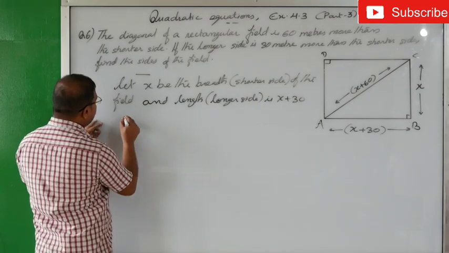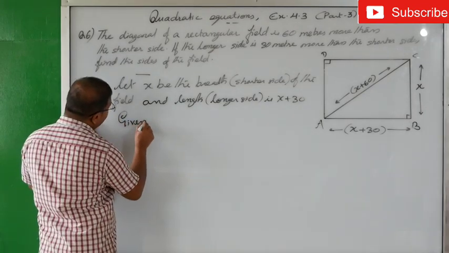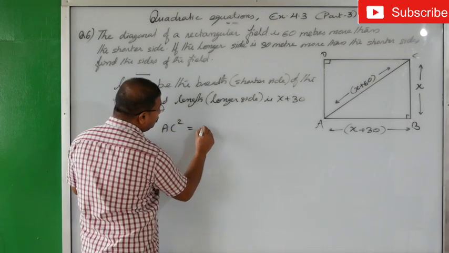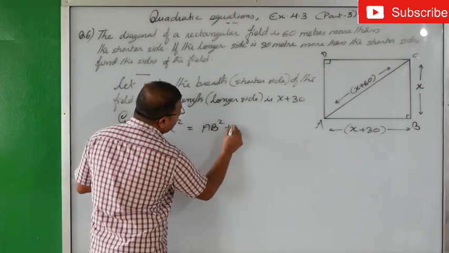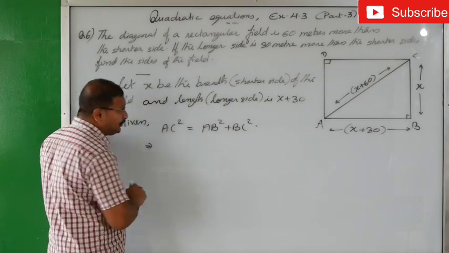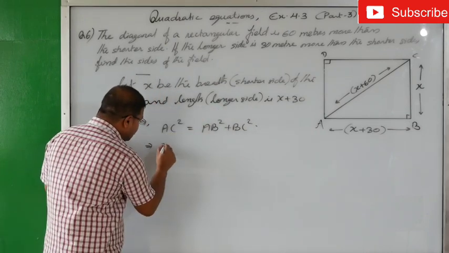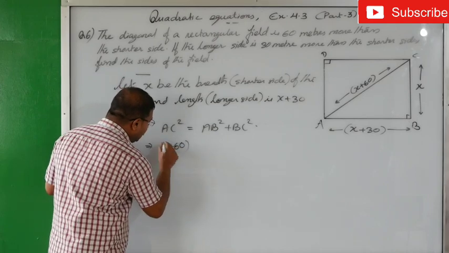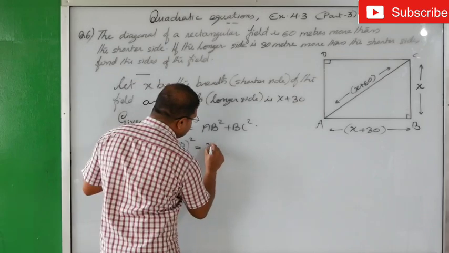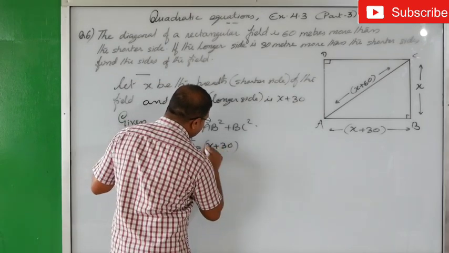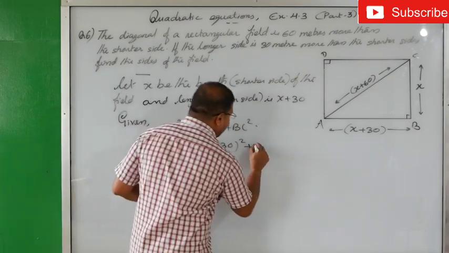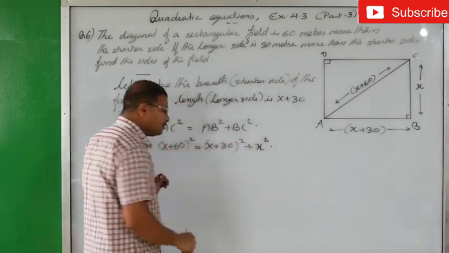That means what? Given longer side square, that means AC square is equal to AB square plus BC square. Ready? This implies what is the value of AC? AC means x plus 60 the whole square equals AB, x plus 30 the whole square, plus BC, BC is x square. Ready?